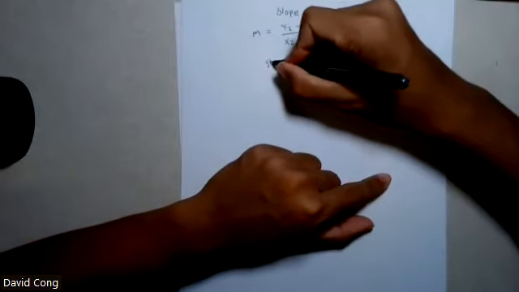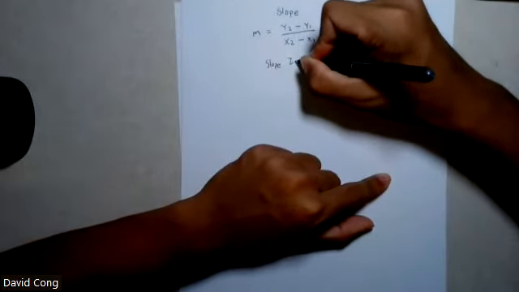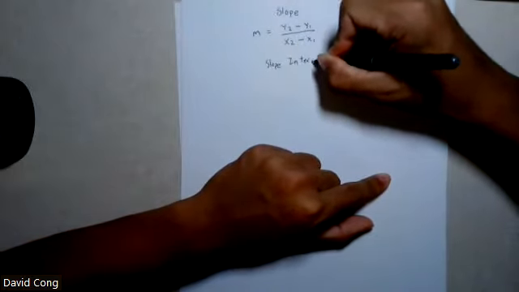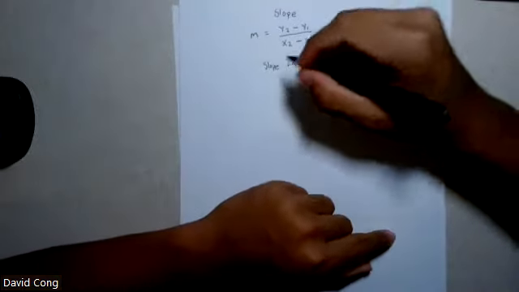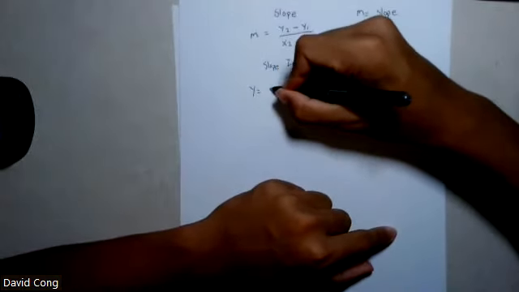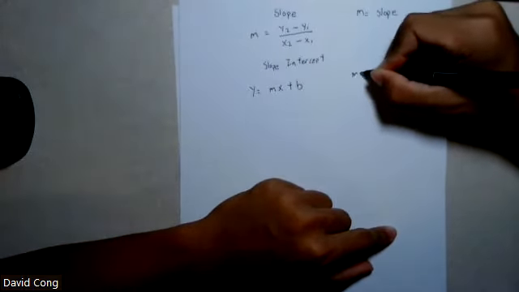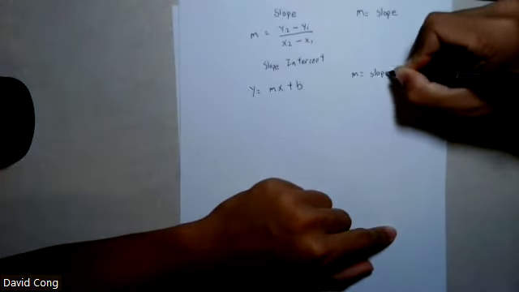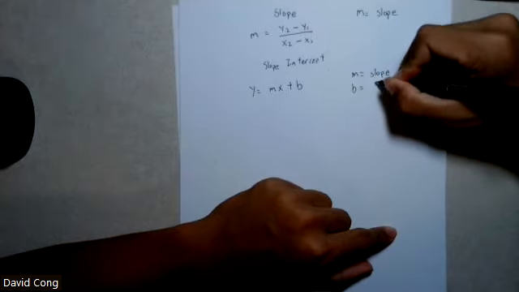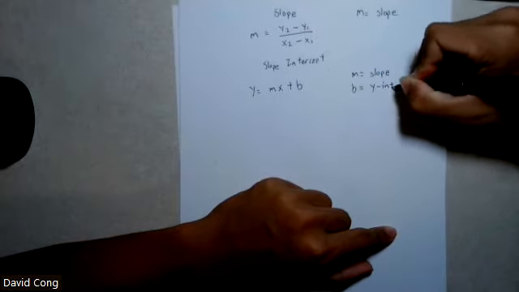And now we have slope-intercept, which is y equals mx plus b, where the m is equal to the slope and the b is equal to the y-intercept.